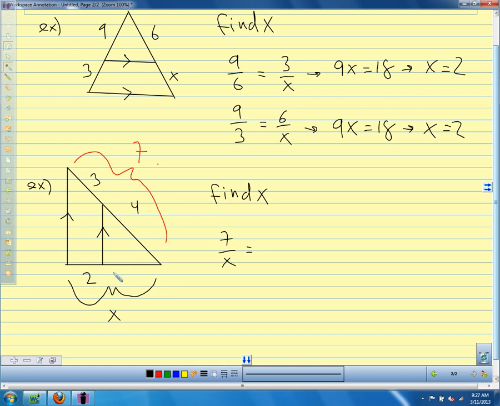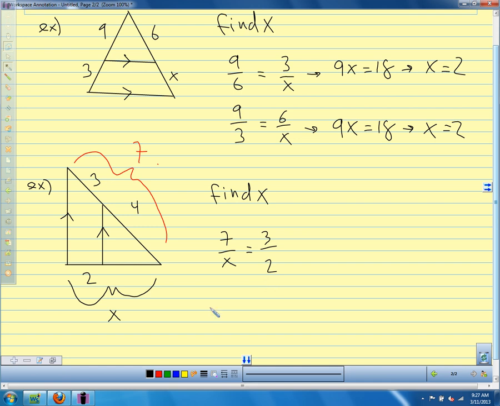So what would be our other proportion? We don't know this side, so what are we left with? So we say 7 over x equals 3 over 2. We're matching the whole side to the whole side, and this part to this part. 7 over x equals 3 over 2. So that's one we could set up.